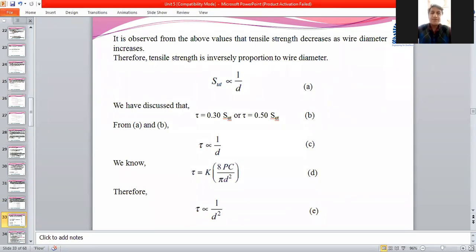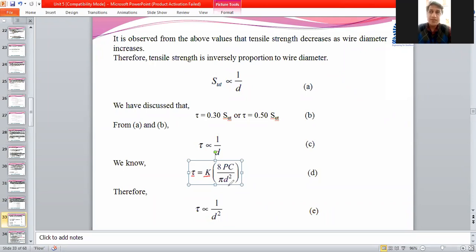Okay. So next we'll go to the next point, and that is how you are going to calculate the diameter of this wire if you are knowing the shear stress. This formula which we have derived for the shear stress, by considering Wahl's factor, the curvature effect also, is shear stress equals K, that is Wahl's factor or stress concentration factor, multiplied by 8 applied load P into spring index C divided by pi d square, where d is the diameter of wire.